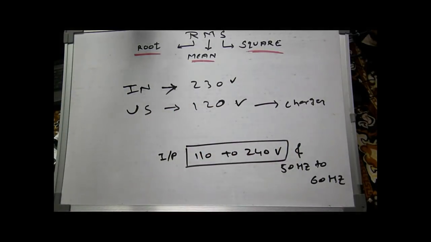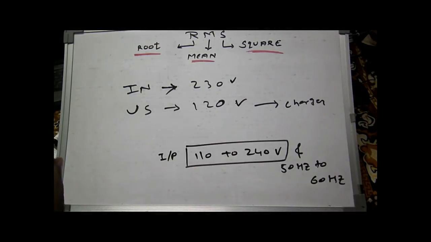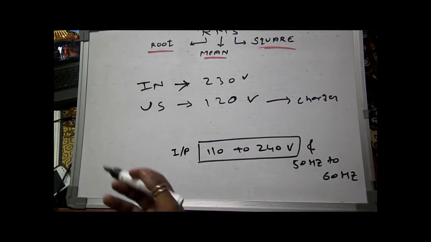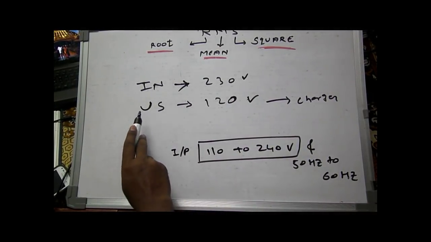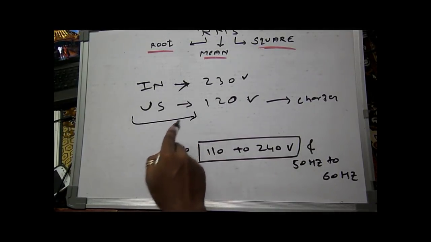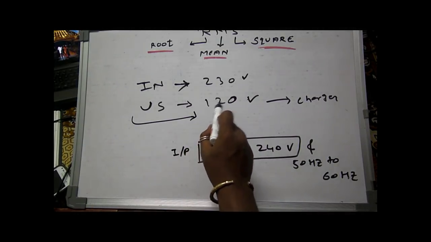You can also verify this on your household products, your chargers, your laptop chargers, any electronic appliance that works on 230 volts. You can see its label; it will be written as 110 to 240 volts. So if an electronic appliance is made in the US, it will not be written only as 120 volt input AC.